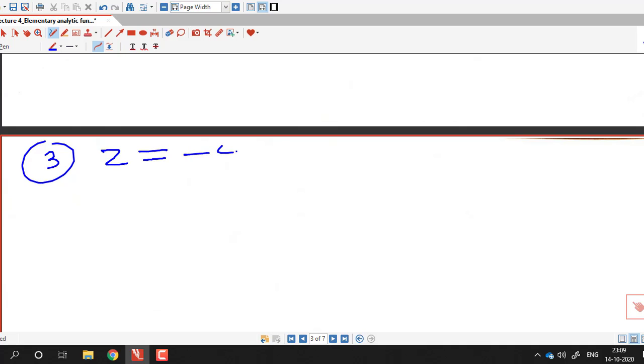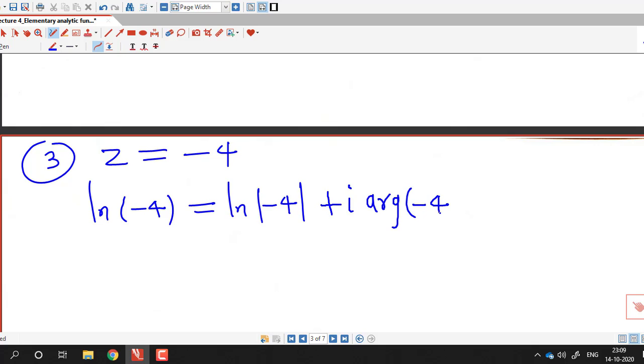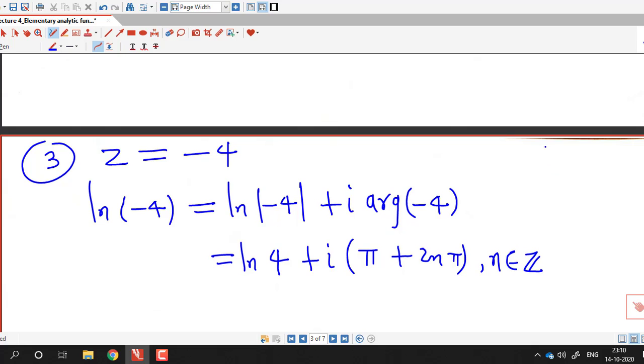Z is minus 4. So ln minus 4 is by definition the logarithm of the absolute value of minus 4 plus i into the argument of minus 4. The absolute value of minus 4 is 4, and the argument is pi plus 2n pi, because minus 4 is also on the negative x-axis, so the angle made with the positive x-axis is pi.